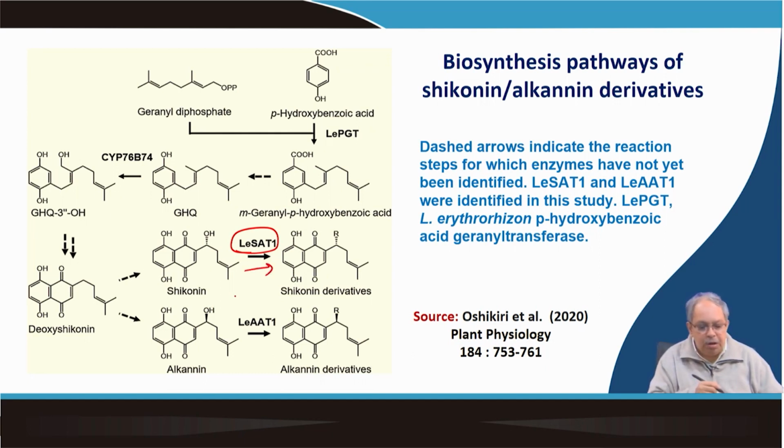So, it is not only shikonin but other shikonin derivatives that also play an important role. In order to produce more shikonin, it may be required in the future to block this activity, possibly by RNAi or something else, we still do not know. If that is possible, then it may be possible to achieve more shikonin accumulation in the future.